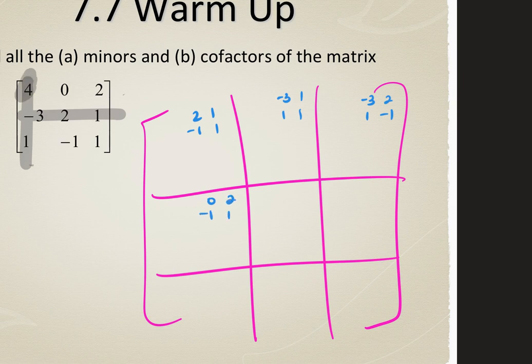Then row 2, column 2, and I get 4, 2, 1, 1. Then row 2, column 3, and I get 4, 0, 1, -1. And then I go to row 3.